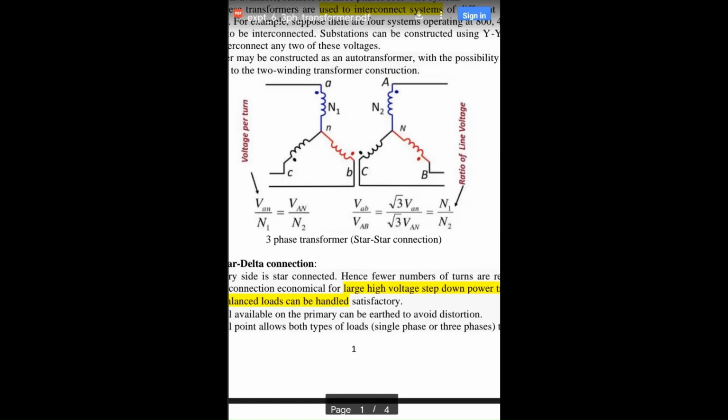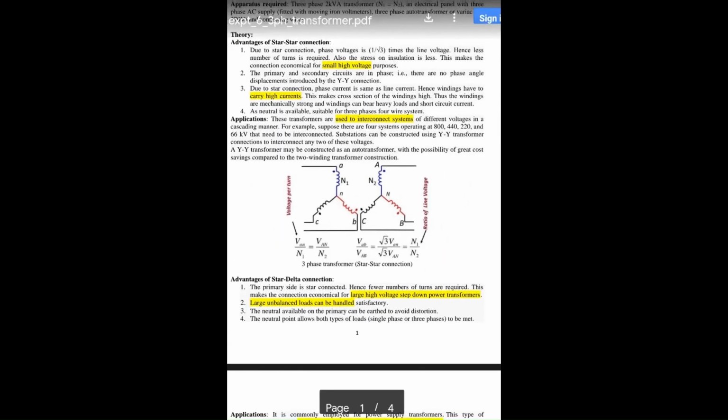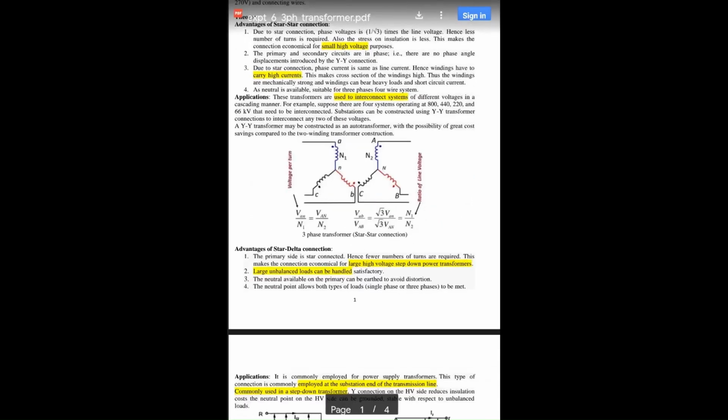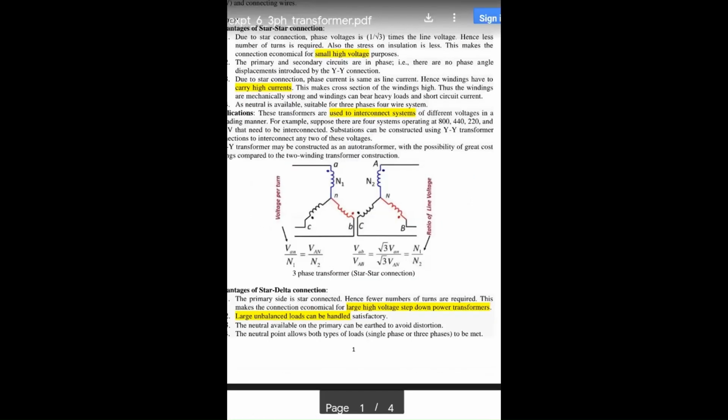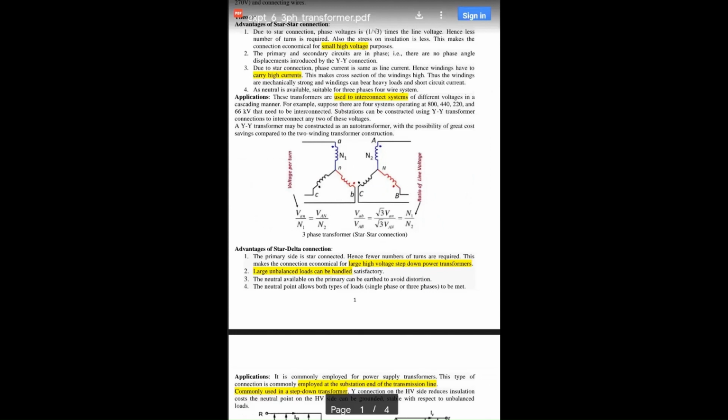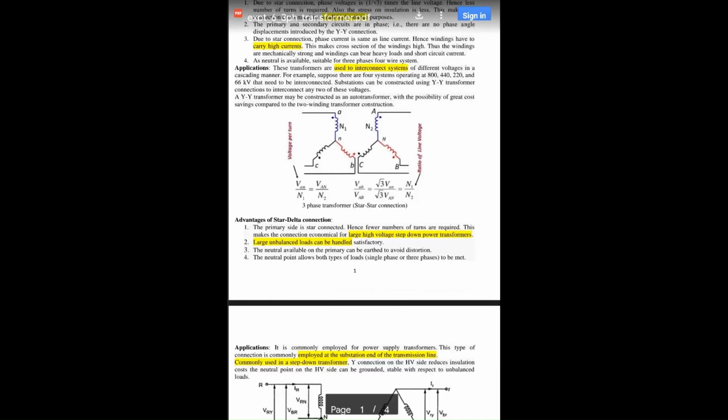We have just drawn the diagram using the coil system. So the R phase of the primary side should be connected or shown, and what should be shown below it? The R phase, or the A phase, of the secondary side. So it is representing that. This is showing the polarity.